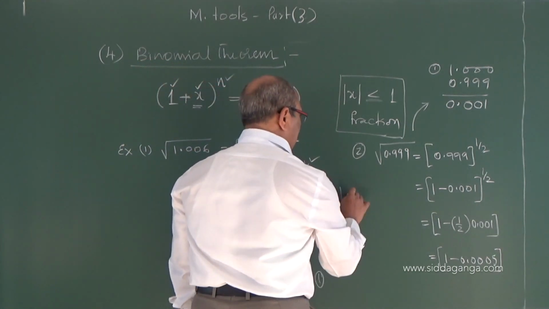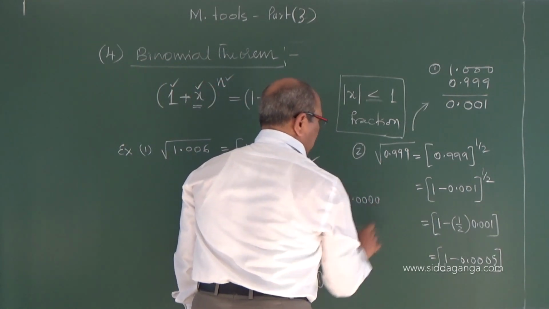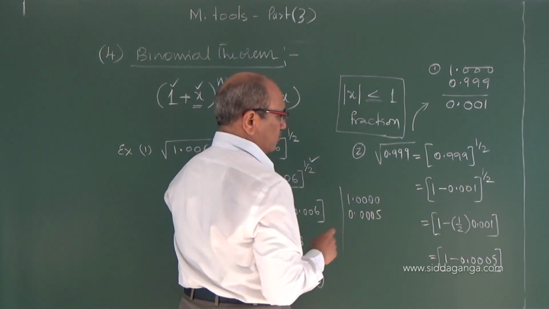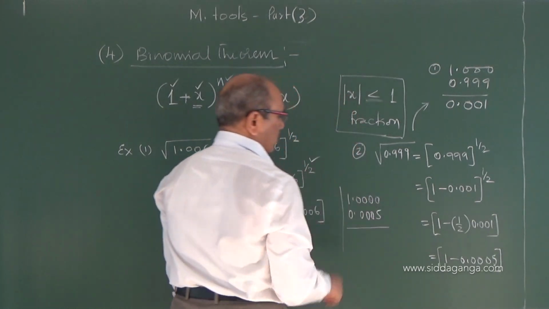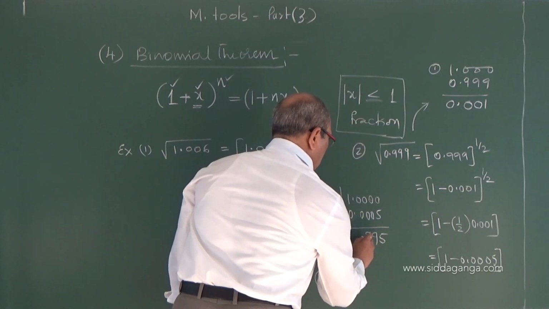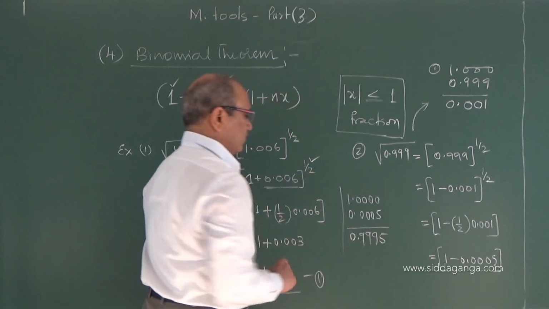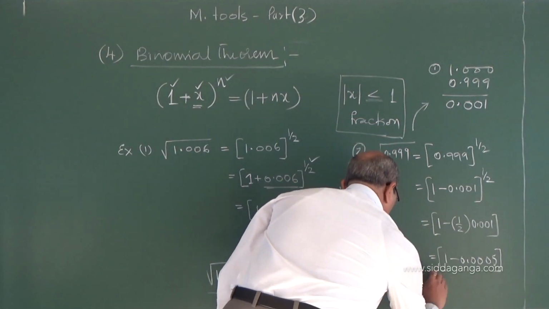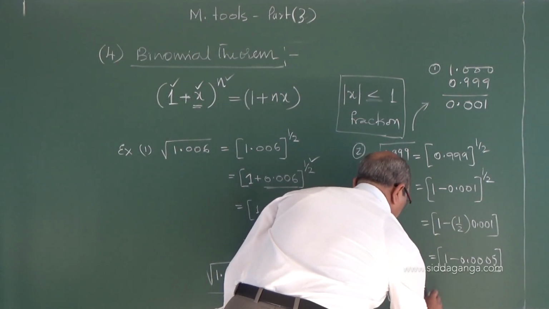You have to subtract 0.0005 from 1: 10 minus 5 is 5, leaving 0.9995. What is the root of 0.999?